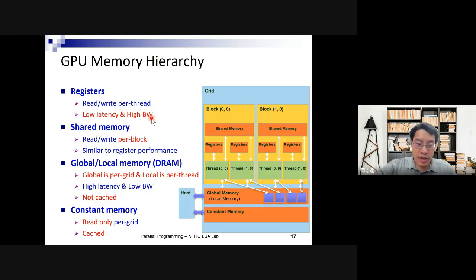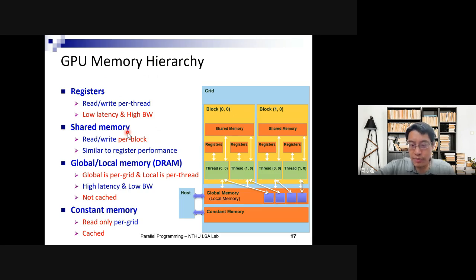And the next layer is the shared memory. We mentioned it before, right? Its access scope is per block, so every block has a shared memory. The space needs to be managed by the user and shared by all the threads within the thread block. We also normally call it a programmable cache, because it's all up to the programmer to write the code to store and load the content on the shared memory.